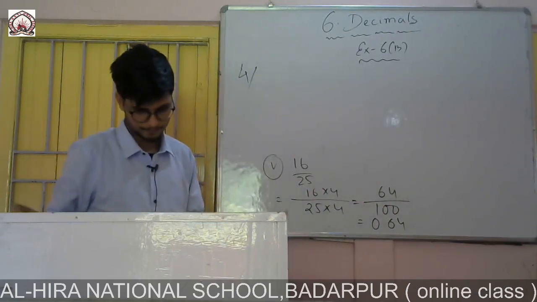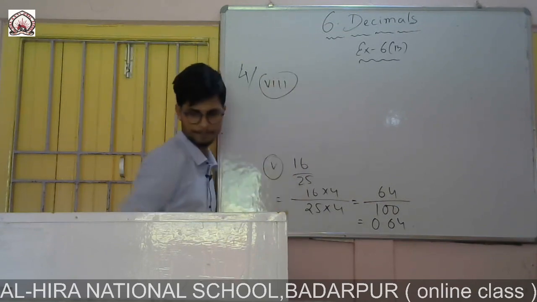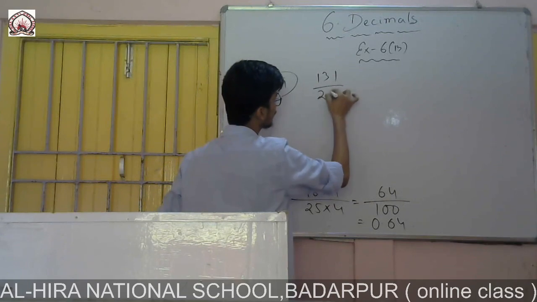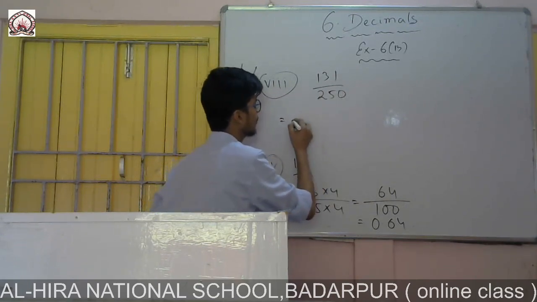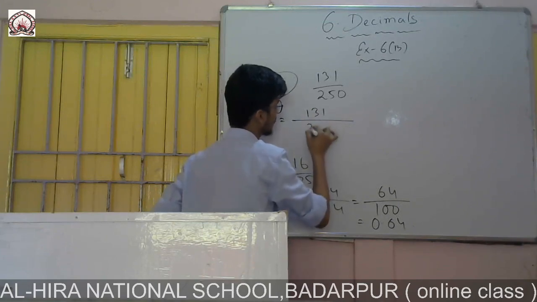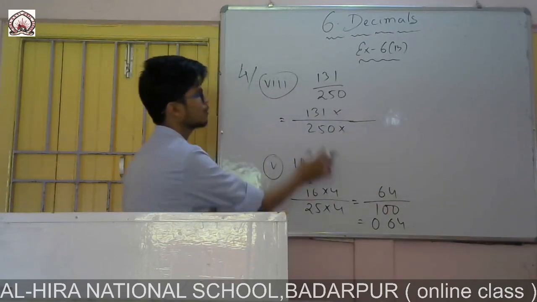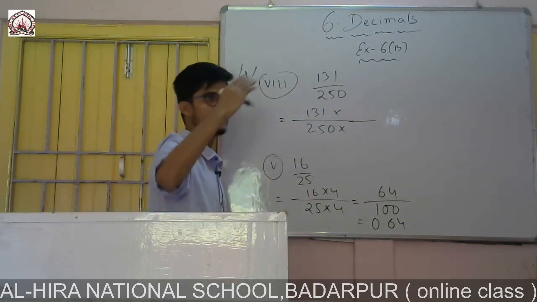Now part 8, you see. It is 131 by 250. 250 I have to make into a multiple of ten. So I will write 131 and 250 with a multiplication sign. 250 2s are 250 plus 250, it is 500, and again 250.